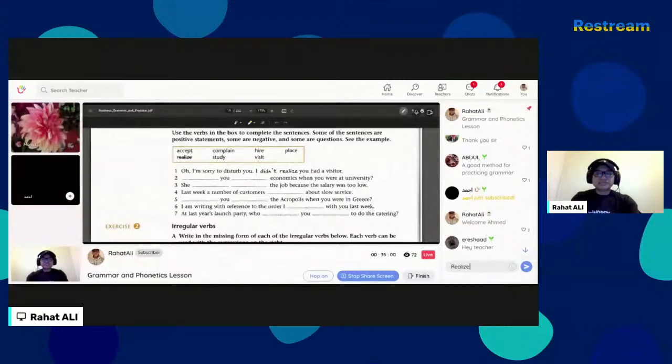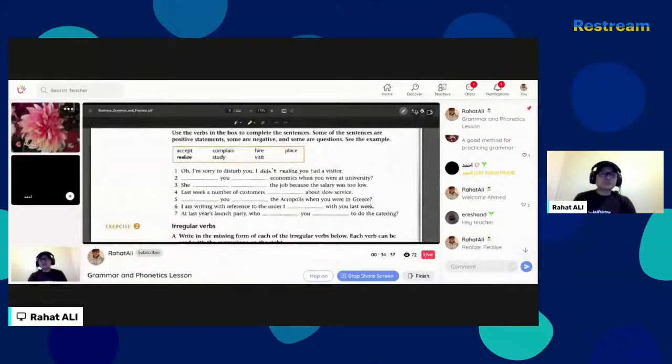In British spelling, it would be realise. Be careful about the spelling. Likewise, utilize, recognize. Realize is one of them.